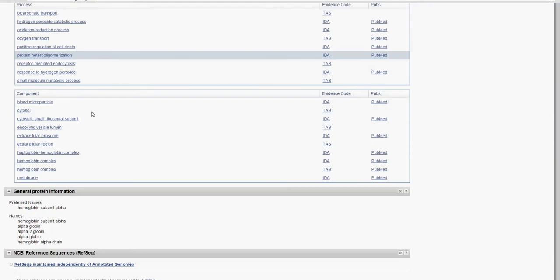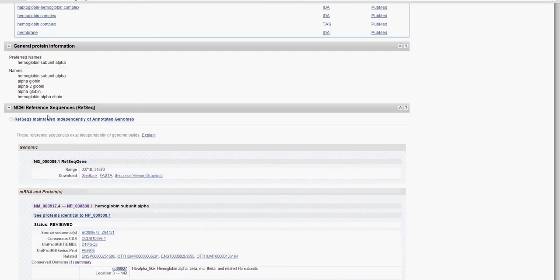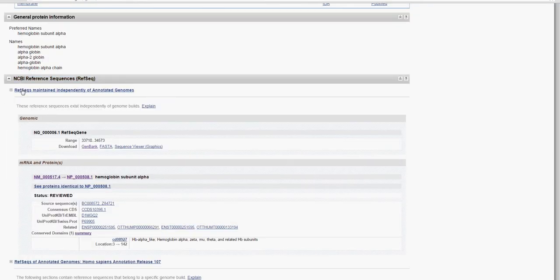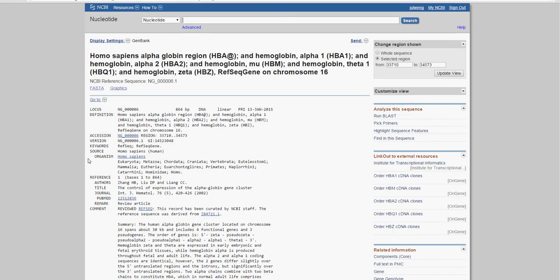Okay. So if we want to look for the length of this gene, we go down to sequence. We look for genomic sequence information. Let's go to the GenBank link. Now GenBank tells us that this gene has 864 base pairs.